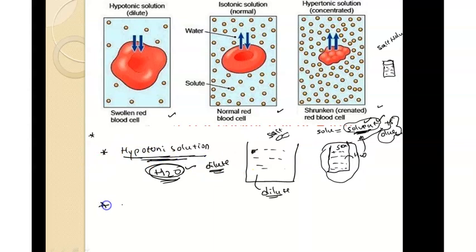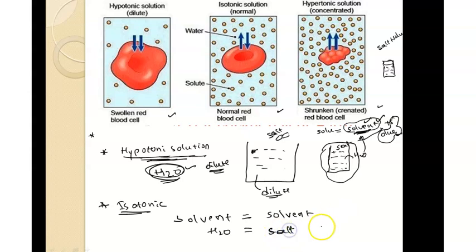Let's take one more solution, that is the isotonic solution. Here the condition is balanced. Solute and solvent are equal here. The amount of solvent is exactly equal to the amount of solute, sorry, I wrote both as solute. That means water molecules are exactly equal to salt molecules. It's a proper, tasty solution.